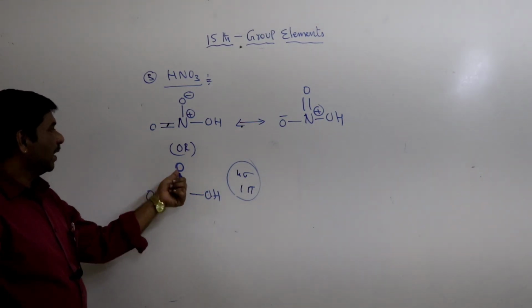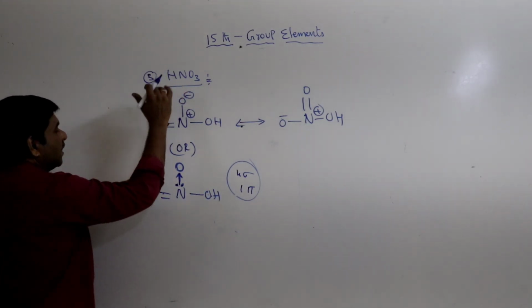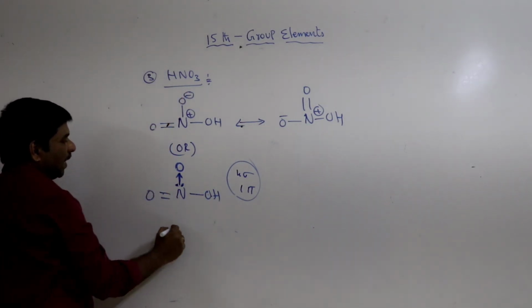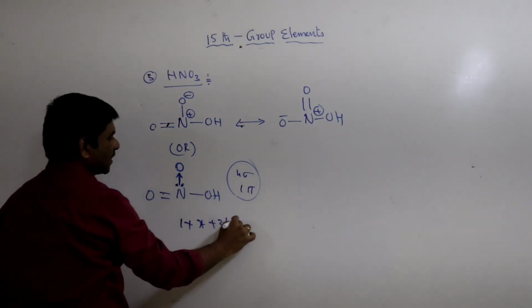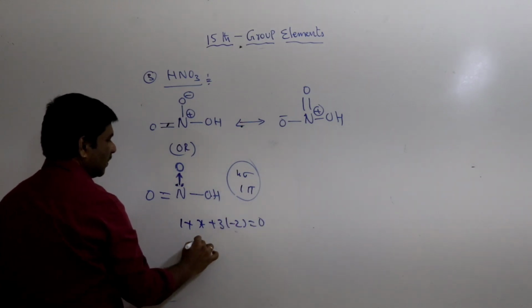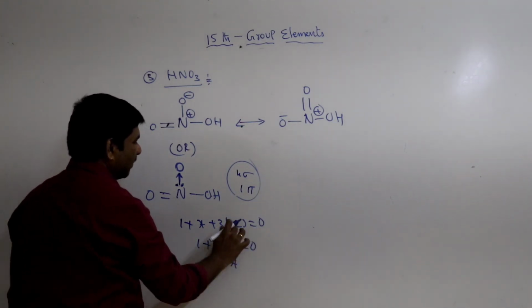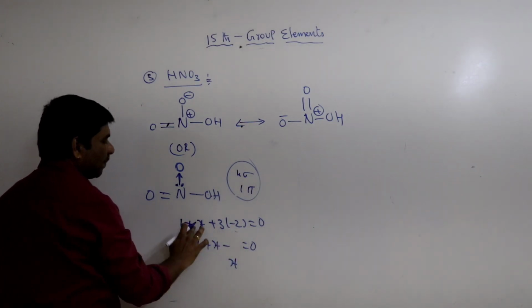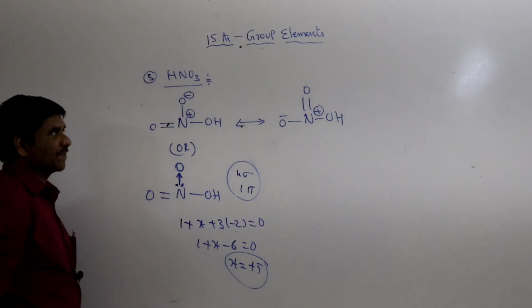For the nitrogen oxidation number: hydrogen is +1, nitrogen X, 3 into oxygen minus 2 is equal to 0. 1 plus X minus 6 is equal to 0, X is equal to +5.